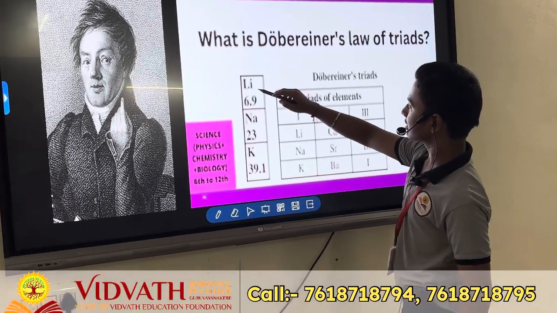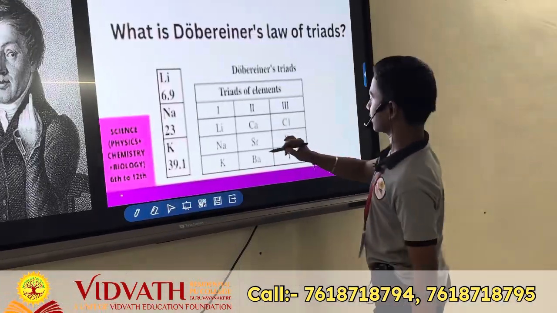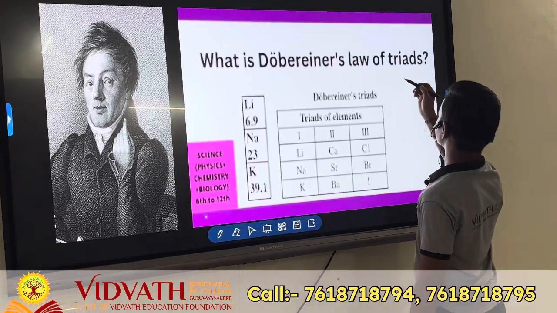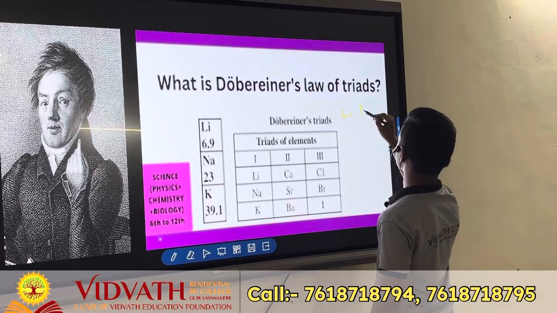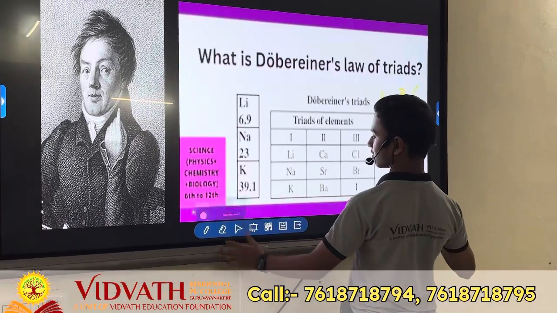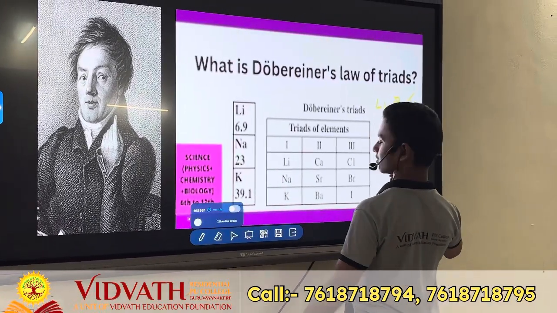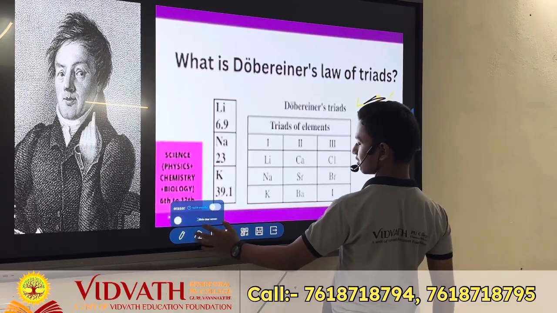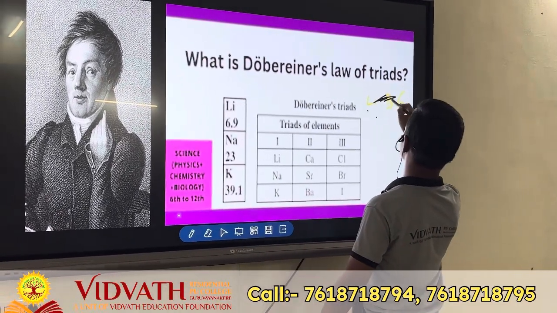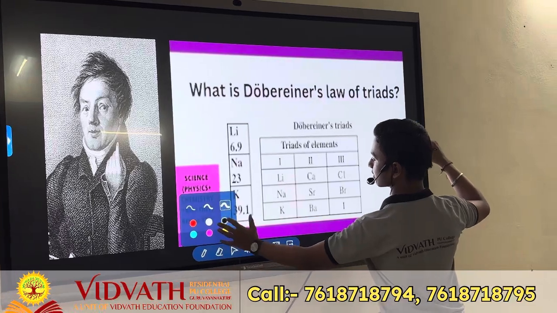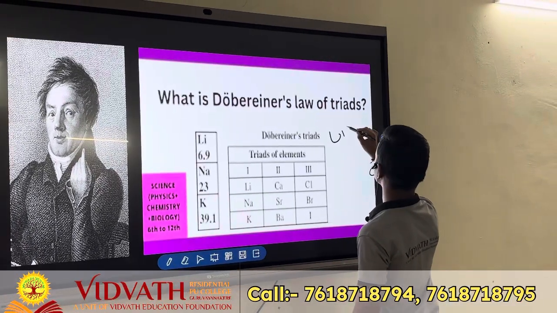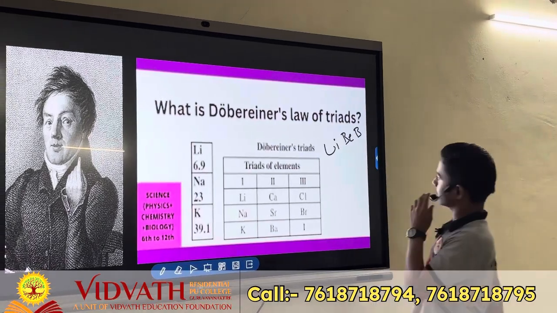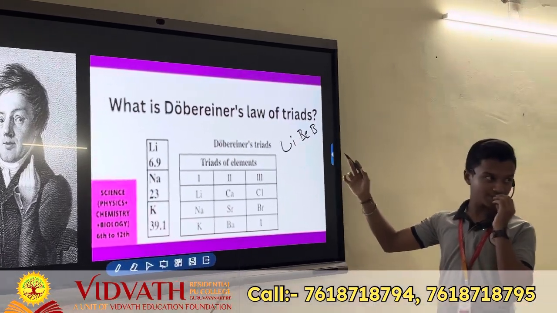Yes, this is lithium. Three elements. Can you name it?